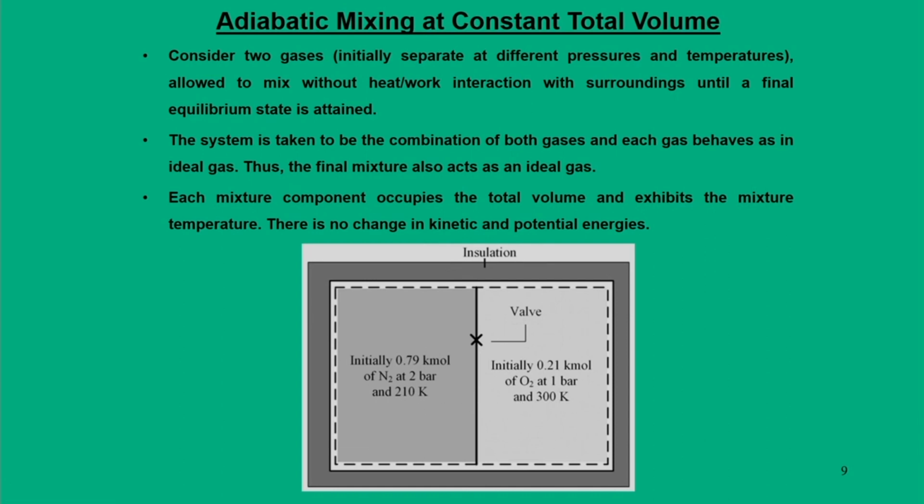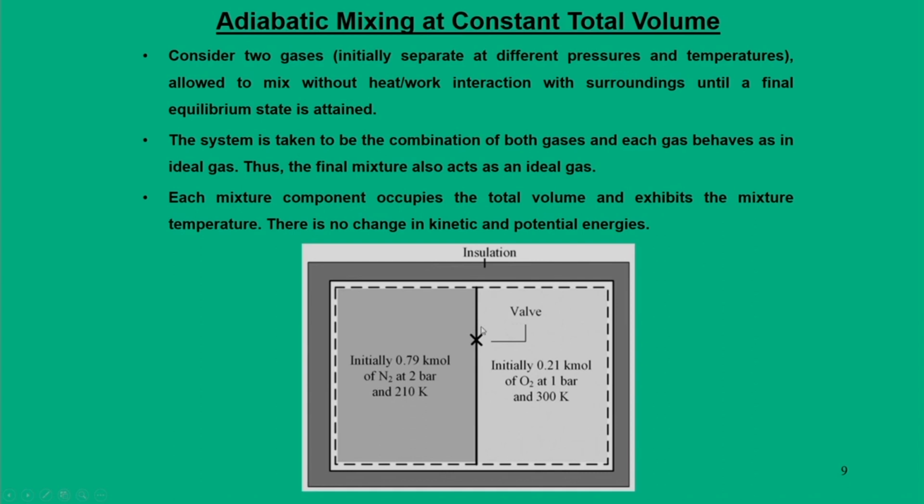To analyze such things, we assume certain things: the system is taken to be the combination of both gases, and each gas behaves as an ideal gas. The final mixture also acts as an ideal gas. Another important aspect is that each mixture component occupies the total volume.